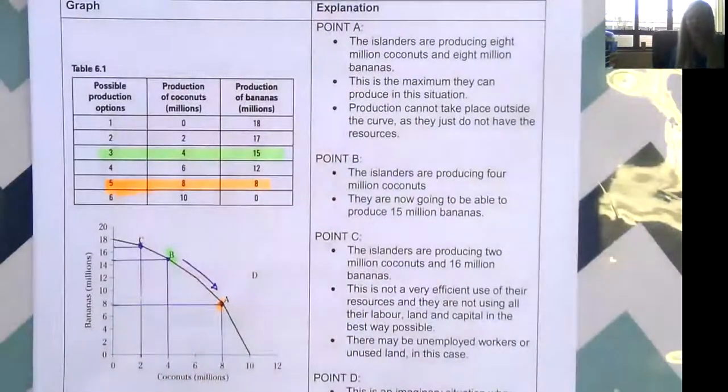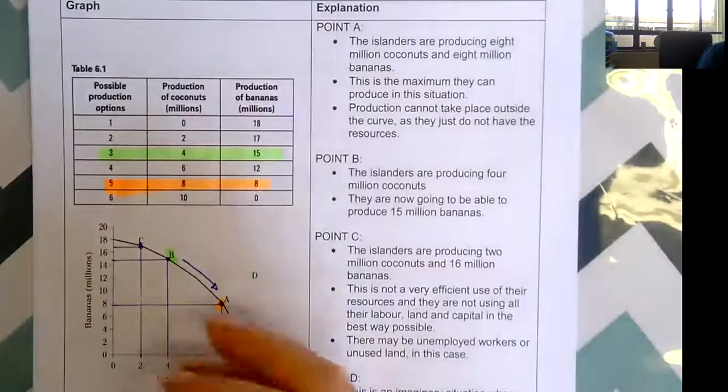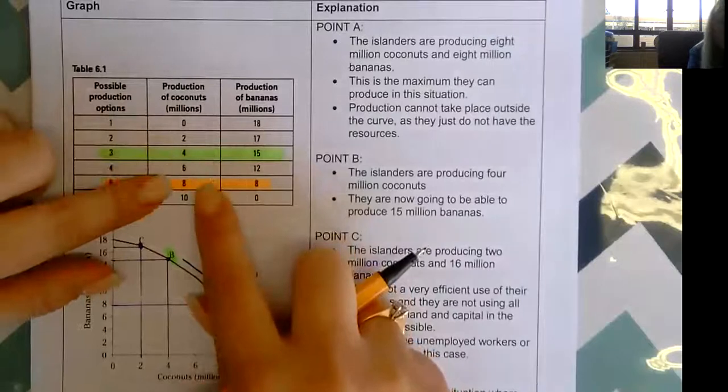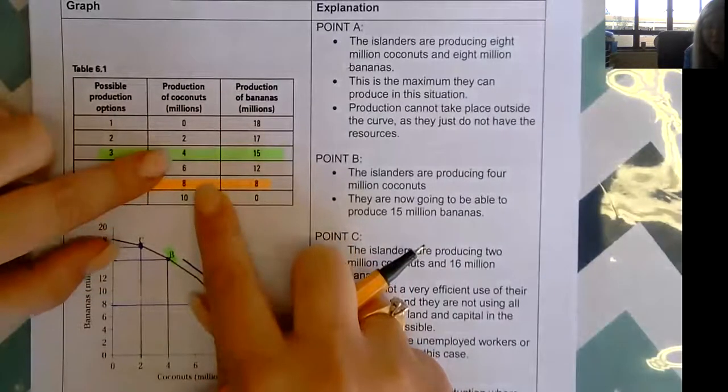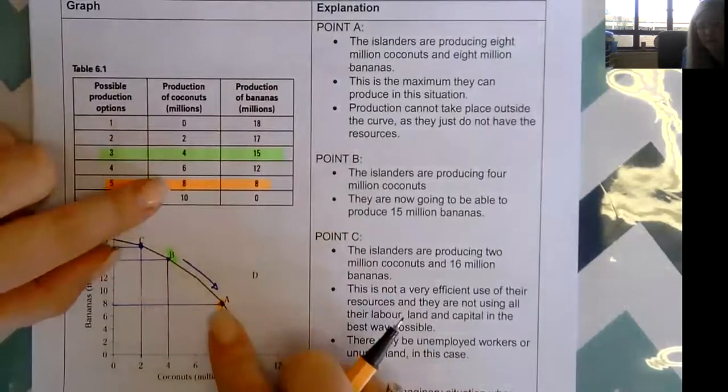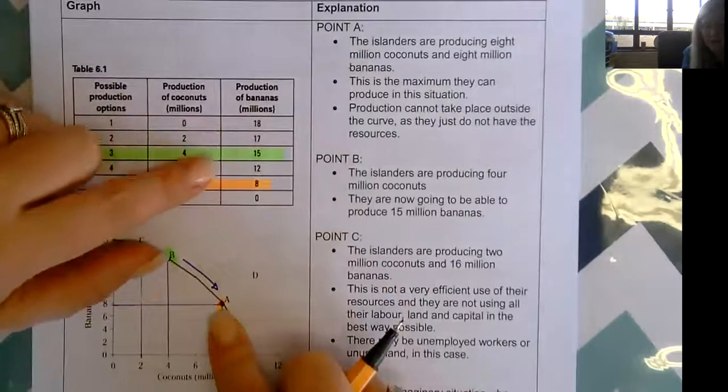Opportunity cost occurred. So now, here is my point A. I wanted more coconuts because I had 4 at point B, but at point A, I wanted 8 coconuts. That means I have to give up bananas, right? So how do we work out the opportunity cost? Very easy.